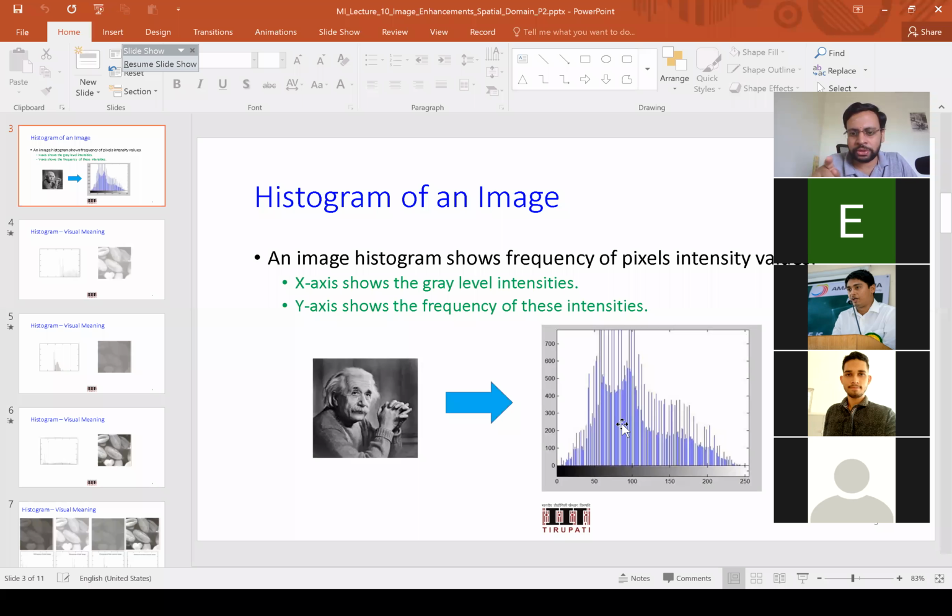You create an array or a vector of size 256, and initialize it to 0. You go to one pixel, and suppose that pixel intensity is, for example, 120. Assume that your indexing of the vector also starts with 0.